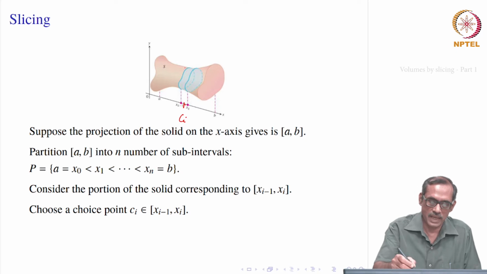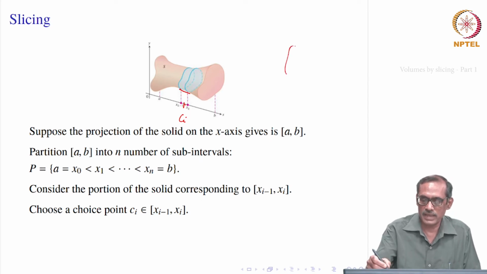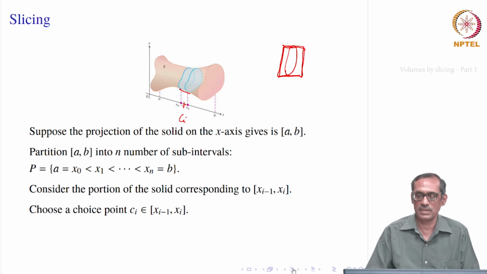So, that means it will be like a cylindrical type. Instead of taking this exact volume, we will be taking whatever is that area at c I, times this length. If that area is something like this and it is moved from a to b, it is a cylindrical thing. So, this particular portion will be approximated by such a solid, which we can find out easily.